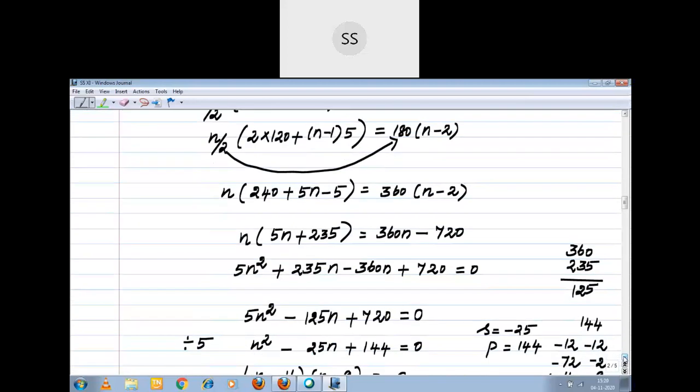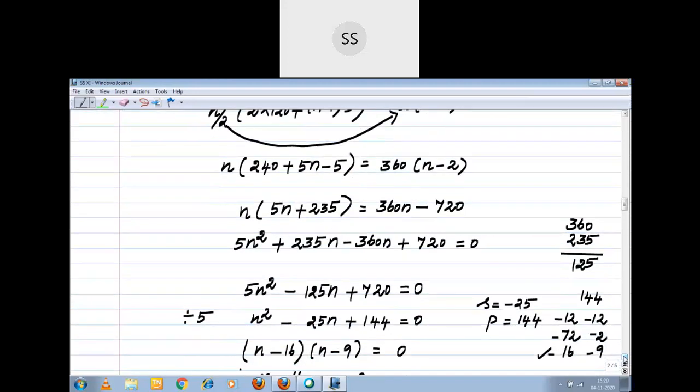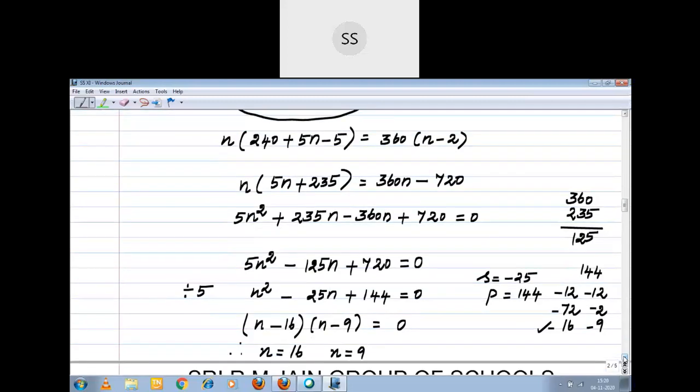So, I use 5 and divide the equation. I arrived at n square minus 25n plus 144 equal to 0. Sum is negative, product positive. Both the possibilities are negative. I wrote the possibilities on the right side. Based on the sum, you have to select your possibility. That means minus 16 and minus 9 is apt for the sum. So I took n minus 16, n minus 9 equal to 0. Finally, n equal to 16 and n equal to 9. I arrived at the answer. Got it, children?